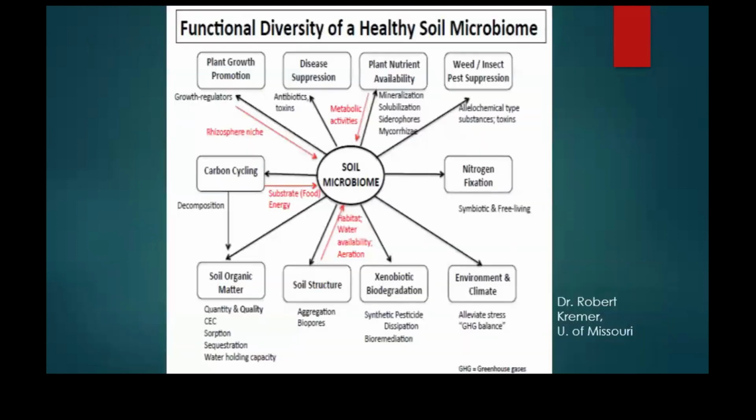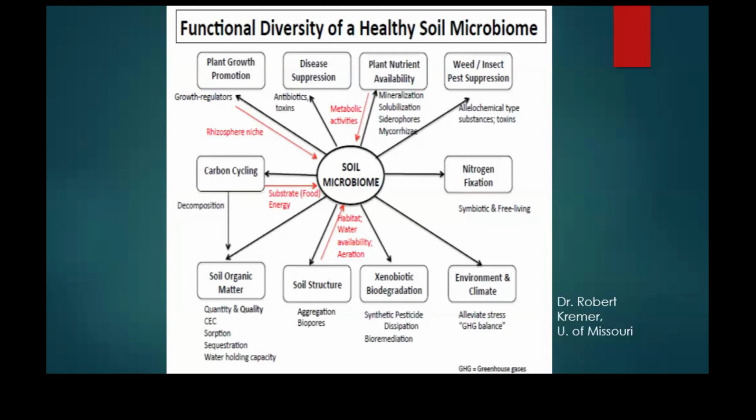Dr. Muir talked about many different groups of functional carbons. There's also many functional groups of microbes, and we'd like to have all these groups represented in our soil. I won't go over all of these, but we've got some plant growth promotion, disease suppression, plant nutrient availability, nitrogen fixation, carbon cycling, weed and pest suppression. So a lot of functions that microbes are either responsible for or play a role in.